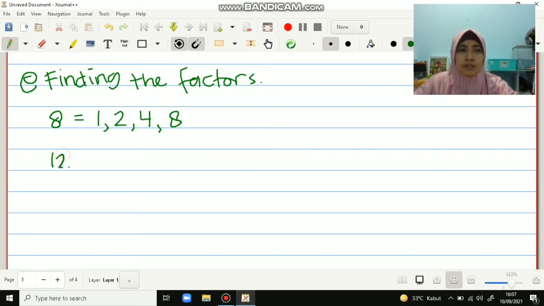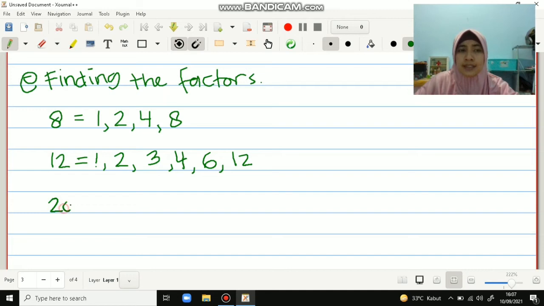How about 12? The factors of 12 are 1, 2, 3, because 12 can be divided by 3, 4, 6, and 12 itself.